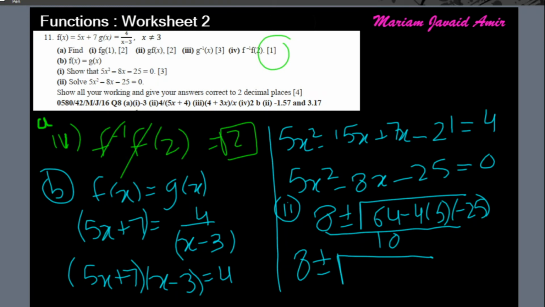This becomes 64 plus 4 times 5 times 25, which becomes 564 over 10. So 8 plus the root of this divided by 10, and we get 3.17 as the answer with the positive sign, and with the negative sign we get minus 1.57, rounded off to 3 significant figures.